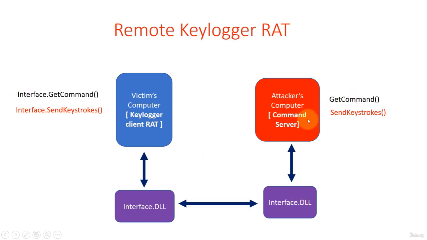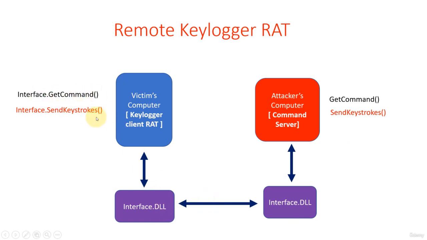And then the attacker's command and control server will have these 2 commands implemented: get command and send keystrokes. These 2 commands are advertised by the interface.dll so that the victim's keylogger client red can call these commands remotely through the interface.